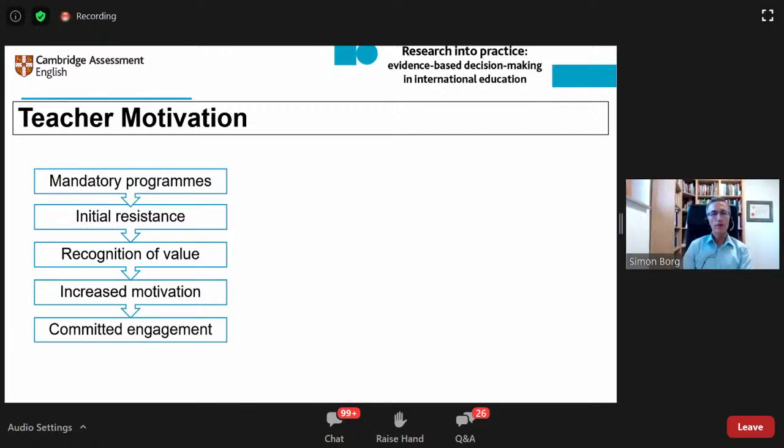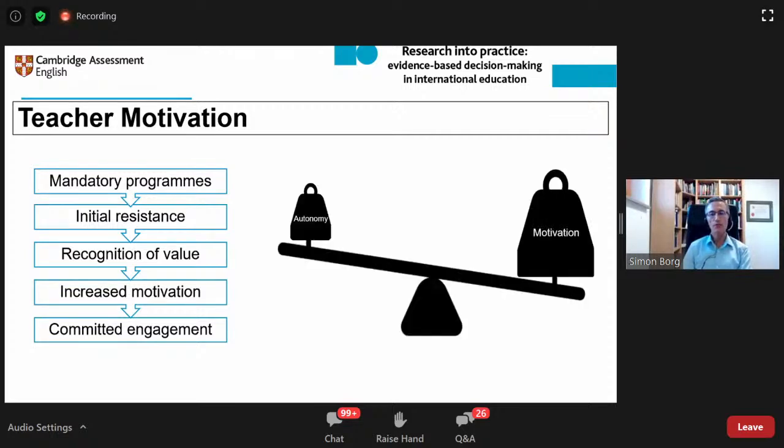So what we have here is a mandatory program where teachers may have very little autonomy. Nonetheless, if we can increase motivation, the teachers are more likely to participate in a committed and engaged way.